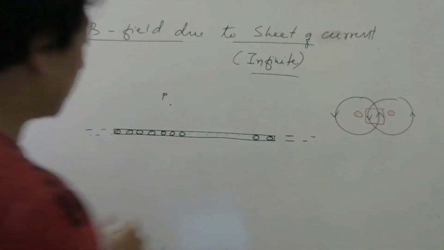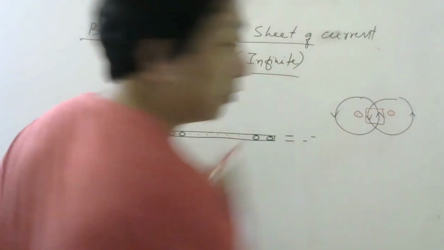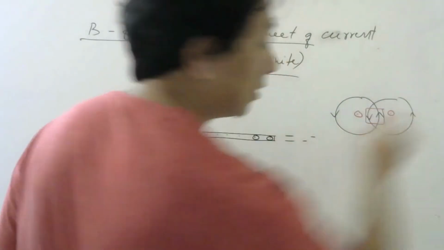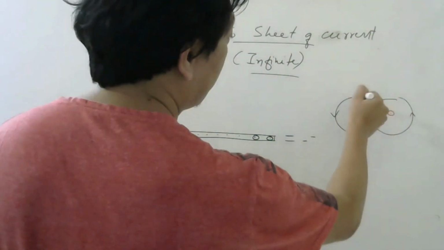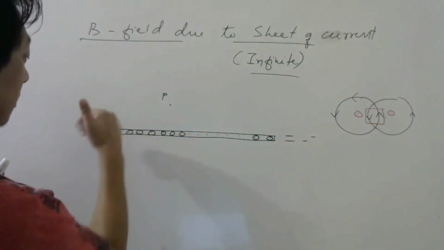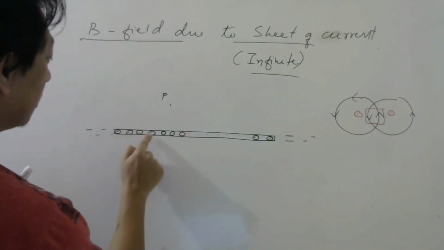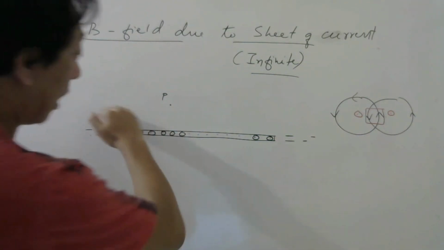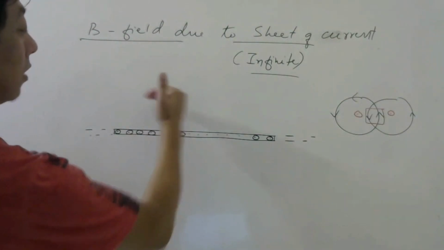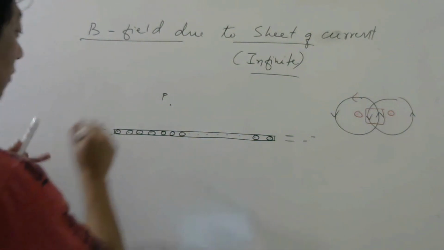So basically in the middle part the magnetic field will cancel due to all these currents, and here due to this it will be like this, here due to this it will be like this. So in the outer one, in the upper side, you can say the magnetic field will look this way.